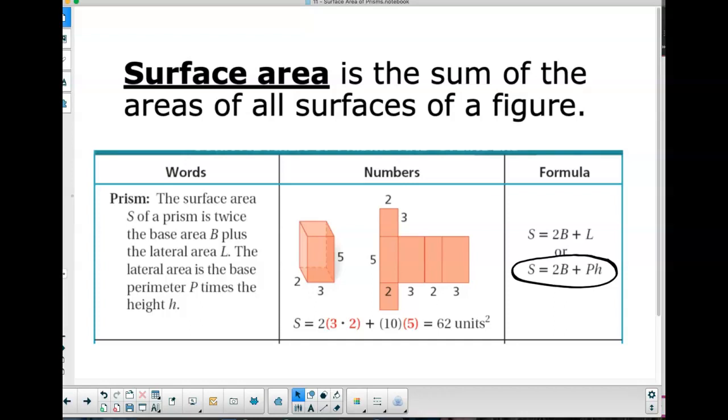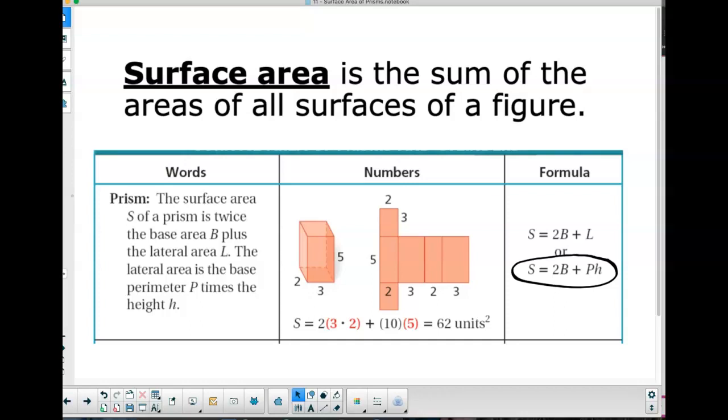Apparently, you're just supposed to know what that all means. Well, I can tell you what it means. It means 2 times the area of the base plus the perimeter times the height. That's disastrous. I don't really know why anybody would do it that way, because that seems like a lot of random work to do. It's much easier to just think of it as all the surfaces.